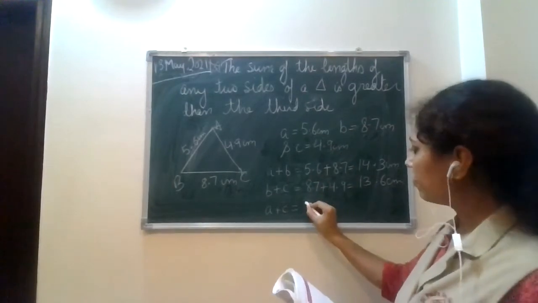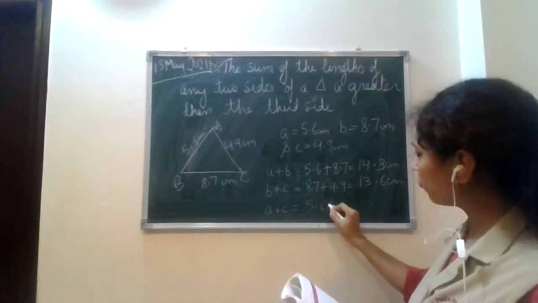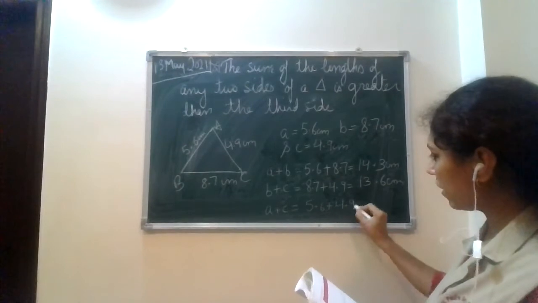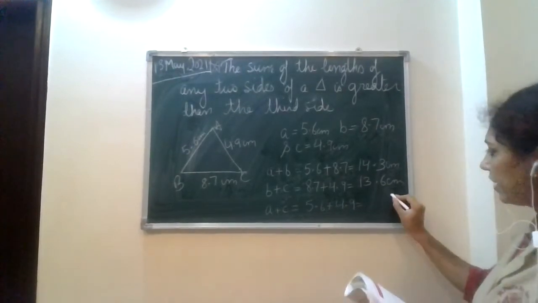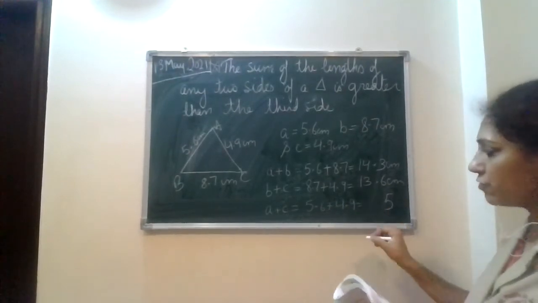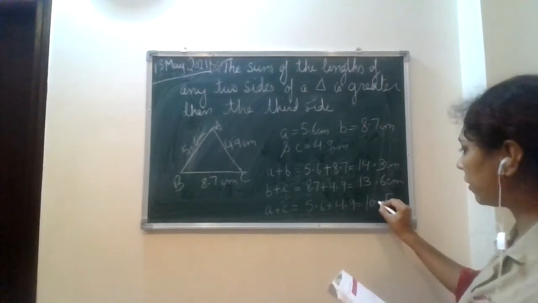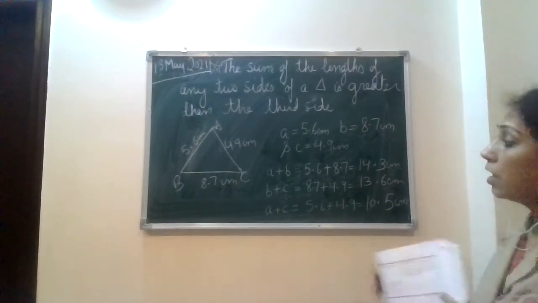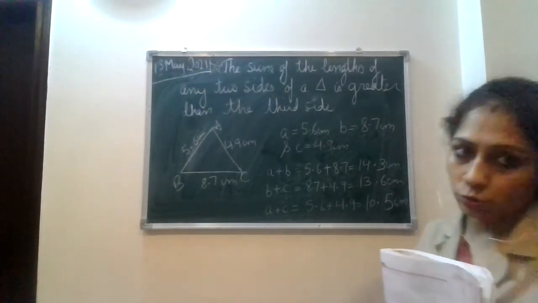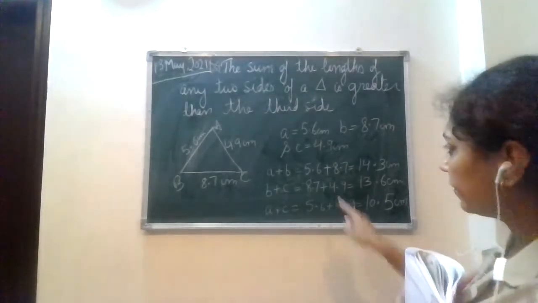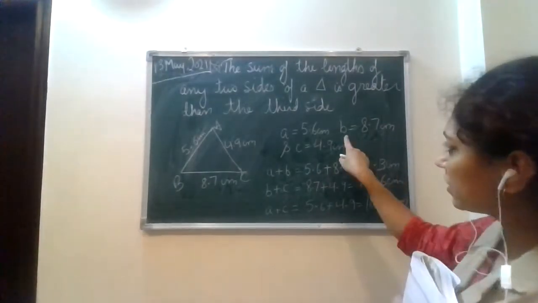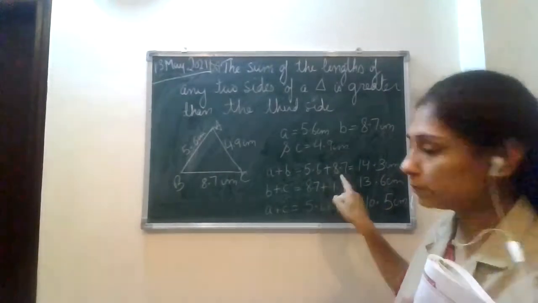A plus C, 5.6 plus 4.9: 9 plus 6 is 15, 1 carry, so 10.5 centimeter. In all three scenarios, you have to compare the sum of two sides with the third side, which you have not added.